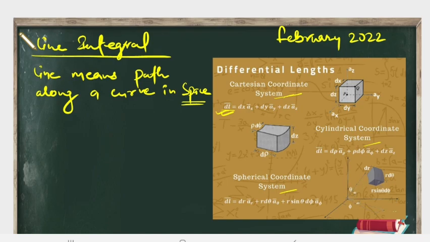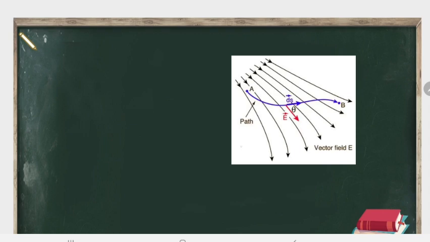If you consider such an electric field as shown in the figure, say a line or a vector AB is present in the vector field E, and we are trying to calculate the line integral, then the line integral is a product of the length of the vector and the component of the vector field E along the path, along the line.